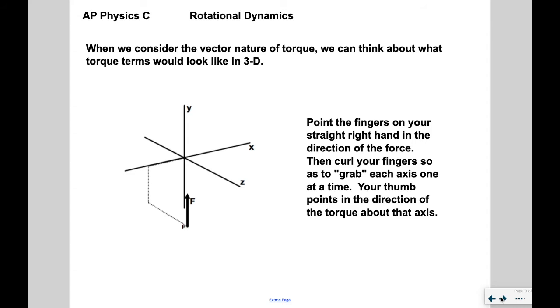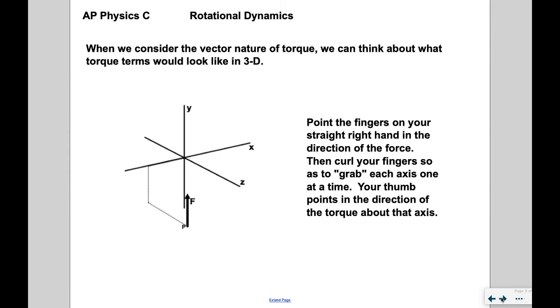We want to take the straight right hand and point the fingers in the direction of the force. So we are pointing our right hand straight up. Then we want to curl our fingers in such a way as to grab each axis one at a time. For example, to grab the x-axis, if my hand is pointing straight up, I curl my fingers into the screen.